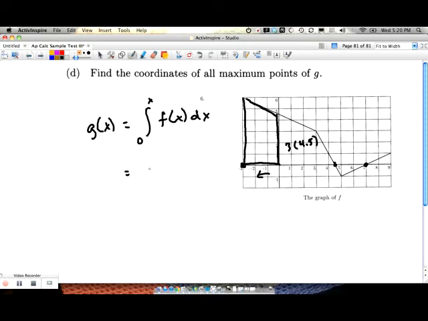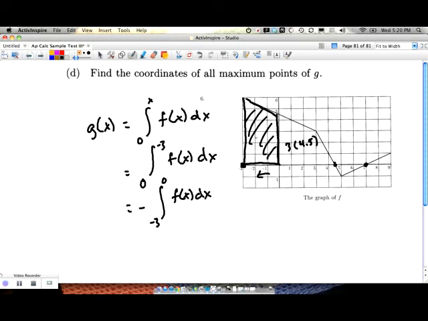And notice that this is kind of backwards from what we're used to, so that would really be negative times the integral from -3 to 0 of f of x dx. So this black area here, this is negative. And after we hit this point, notice that this area here and this area here, these are both symmetrical. So this point and this point are going to be the same.